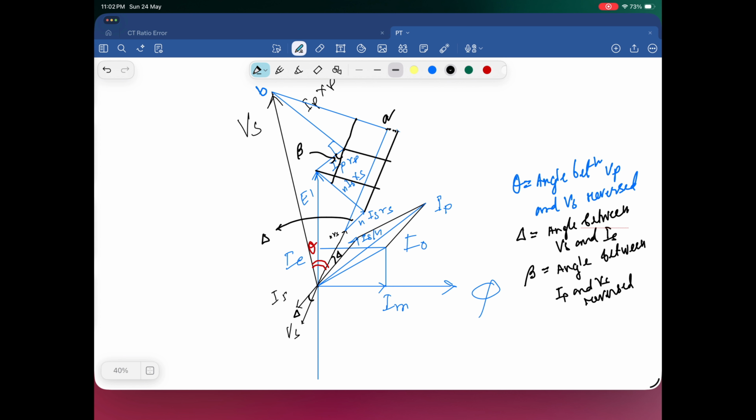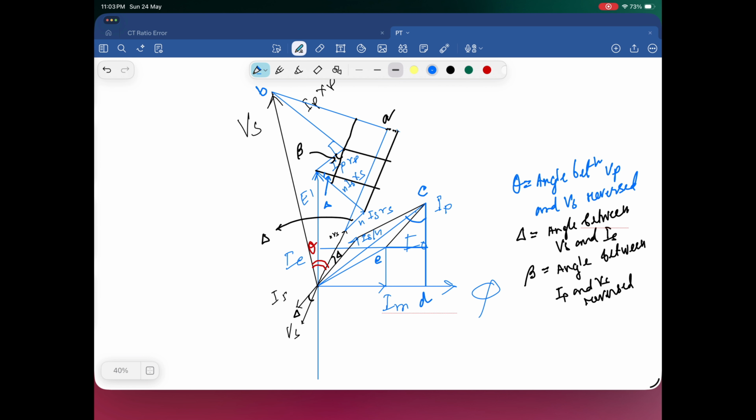So this angle is beta because this line represents IP, RP, and this one represents the VS. So drawing is very, very important for proving the expression.